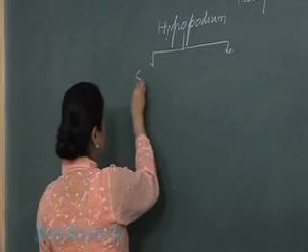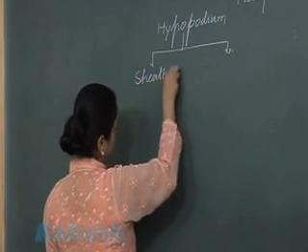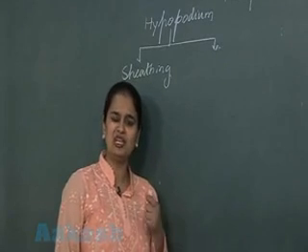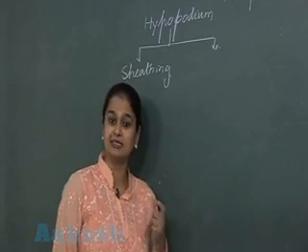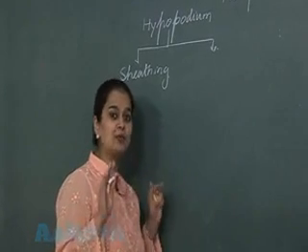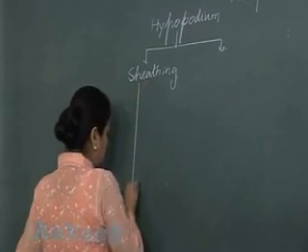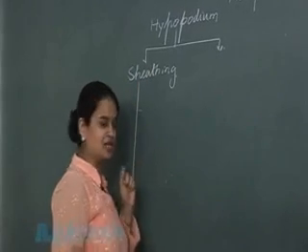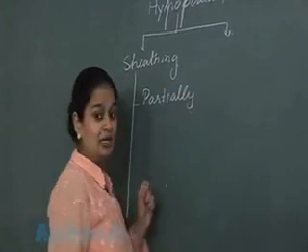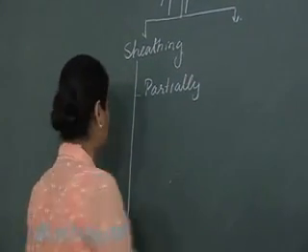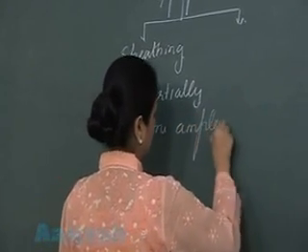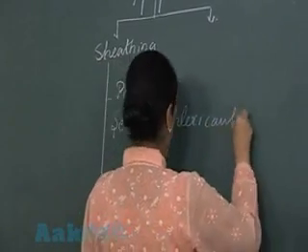Now the first type is sheathing leaf base. Now what is the condition in sheathing leaf base? The leaf base expands and covers the stem. If the leaf base partially covers the stem, then this type of sheathing leaf base is known as semi-amplexicaul type.